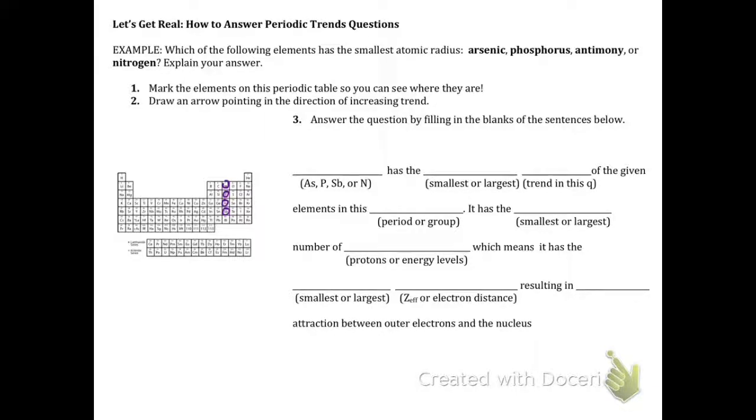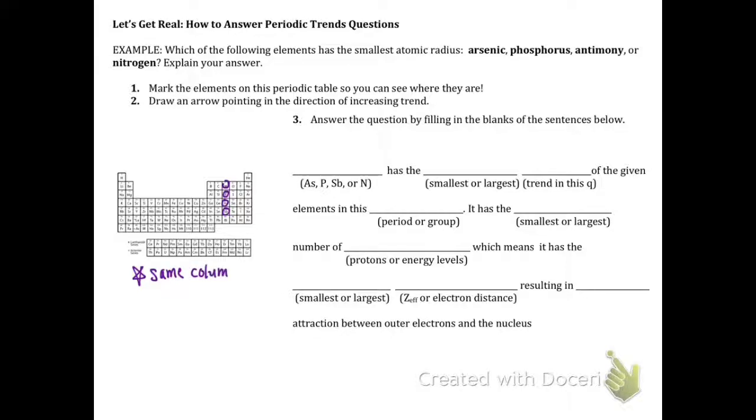Okay, you can use your large periodic table to help you find those elements. If you want to do a quick mark, I usually use a highlighter, but here it's a little hard for me to show you with a highlighter. Okay, once you notice that they're all in the same column, I'm going to make a note to myself that this is the same column.